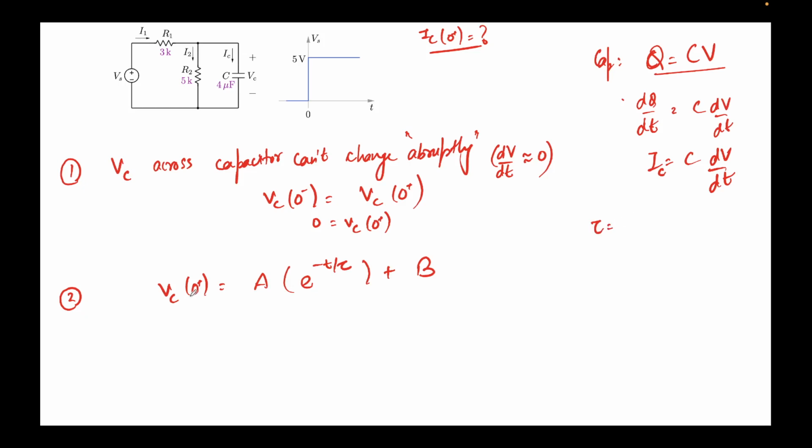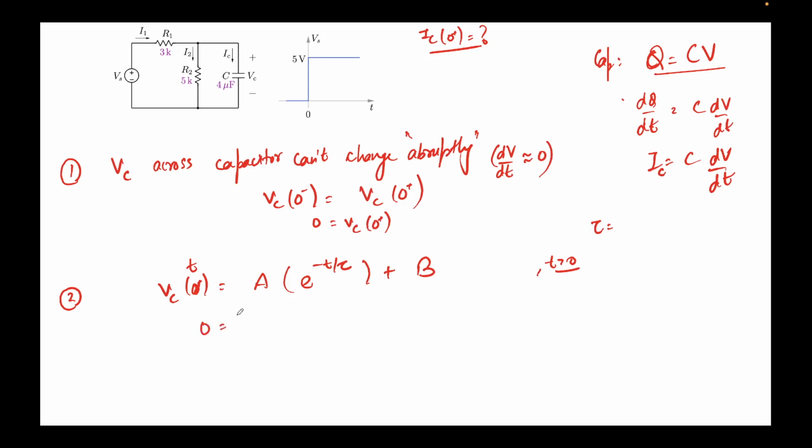Right? So this is the V_C for time dependence, V_C at t, where t is greater than 0. This is how I should define it. We know that at time t equal to 0 plus, V_C is 0, because the capacitor voltage can't change.